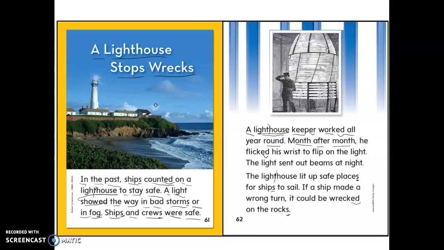Month after month, he flicked his wrist to flip on the light. The light sent out beams at night. The lighthouse lit up safe places for ships to sail. If a ship made a wrong turn, it could be wrecked on the rocks.